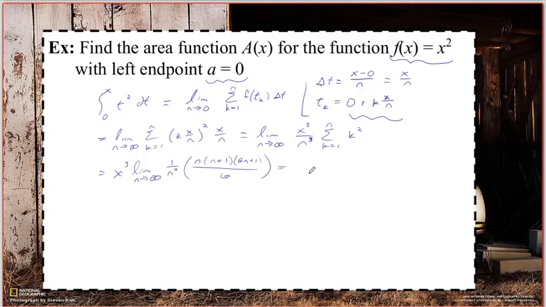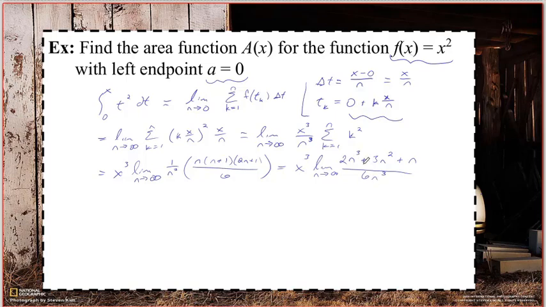All right, so FOIL that top out, bring the n to the third in. You've got, as n goes to infinity, of 2n to the third plus 3n squared plus n over 6n to the third.